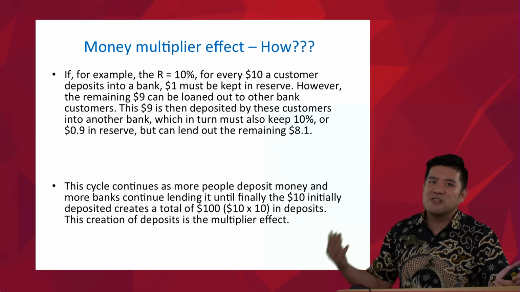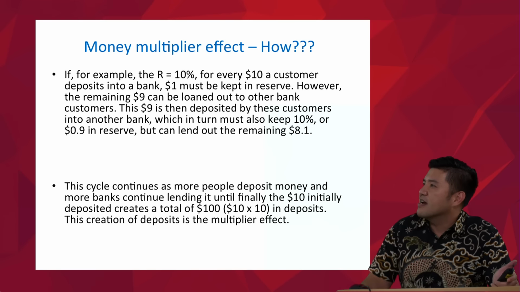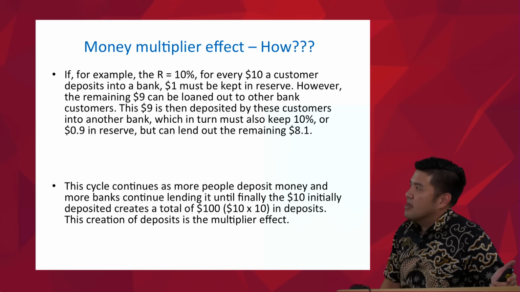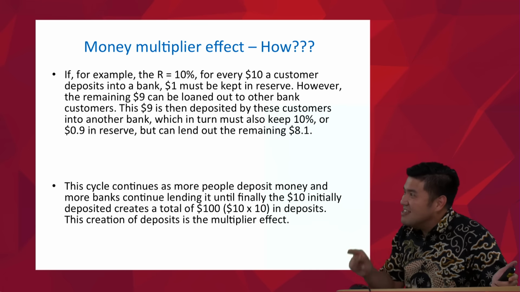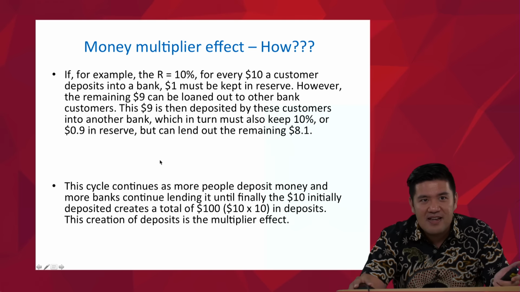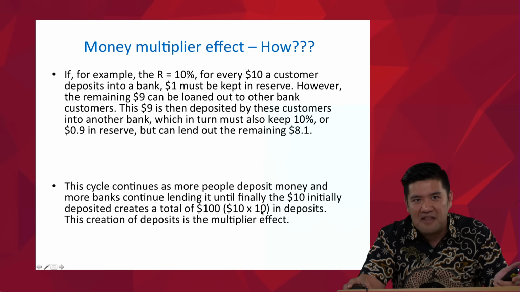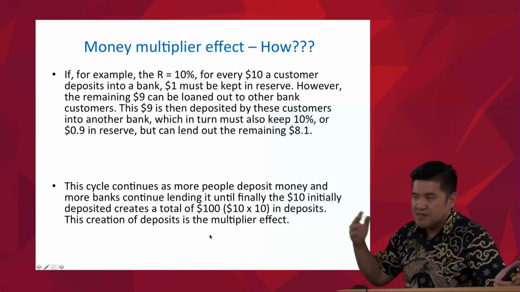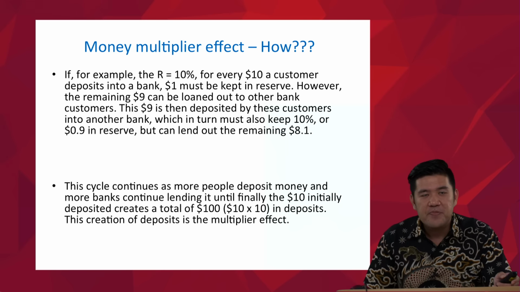The cycle continues as more people deposit money and more banks continue lending it. Until finally, what's going to happen? The $10 initial deposit creates a total of $100. $10 times 10 in the system. This creation of deposits is effectively the multiplier effect.